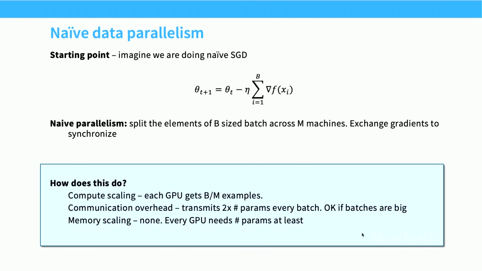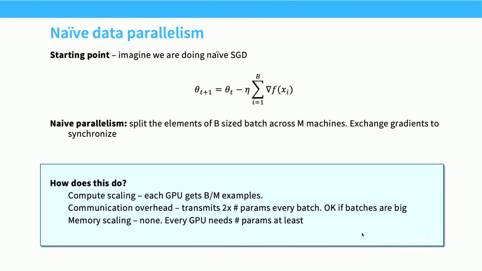Cool. All right, so data parallelism, I think, is the easiest to understand. It is conceptually very simple, and I think it's the standard way that you would try to parallelize an algorithm like LM training. So forget that we're doing Adam. We're going to do just naive SGD for the moment. And we have a batch of size capital B, right?